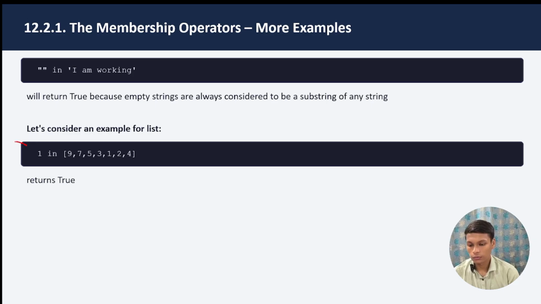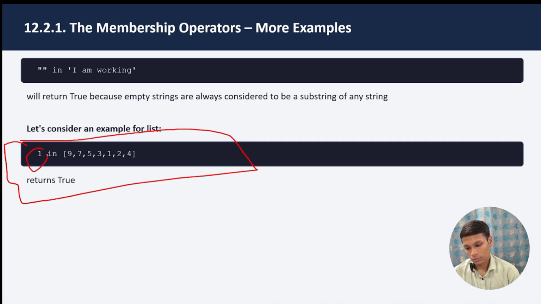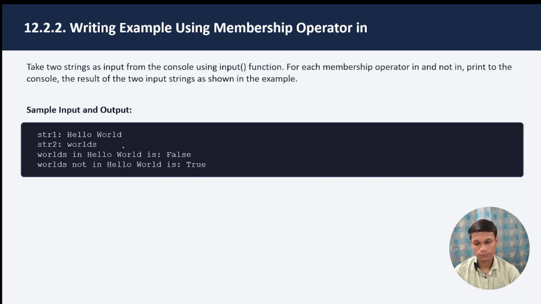Here is another example of the in operator, like 1 in this list, print. The result is true because 1 is there. Now we can see an example here. str1 is hello world, str2 is worlds.